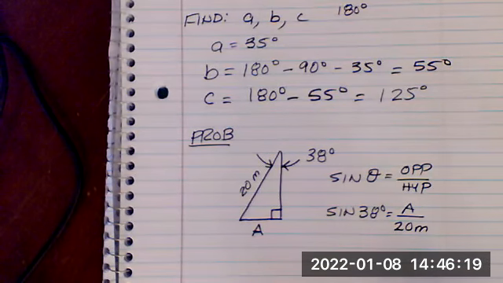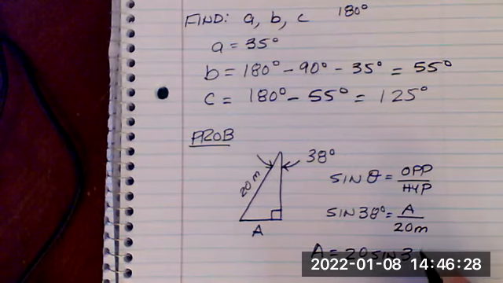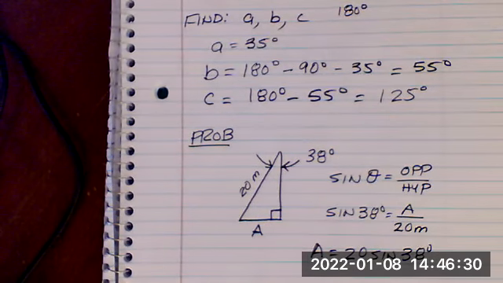Okay? Now, we can cross multiply here, and we're going to find out that A is equal to 20 sine 38 degrees. Give me a second, I'll use my calculator here to find out what sine 38 is.